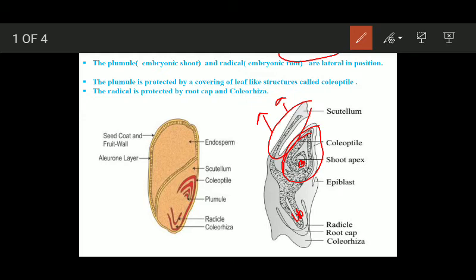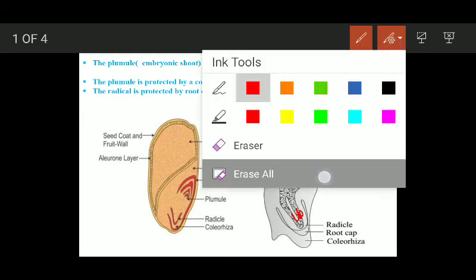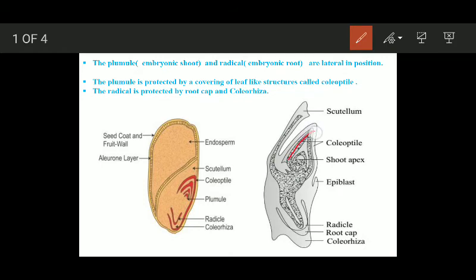The plumule, in the case of monocot embryos, is protected by a covering of a leaf-like structure which is named the coleoptile. Here you can see this leaf-like structure which covers the plumule. The radicle is also covered by a sheath-like structure named the coleorhiza.